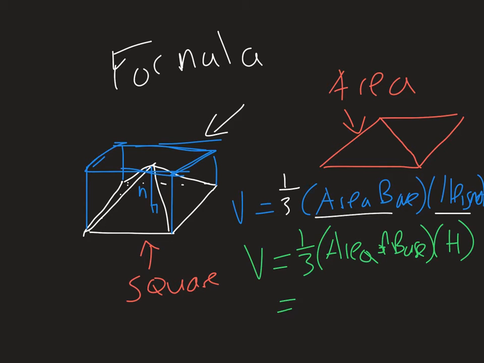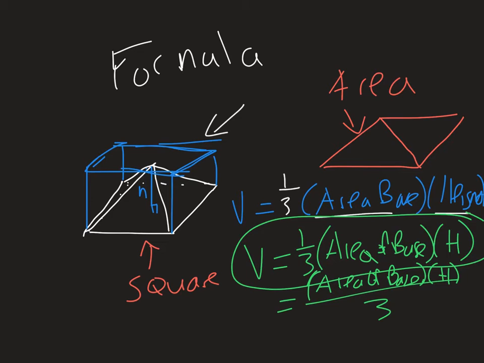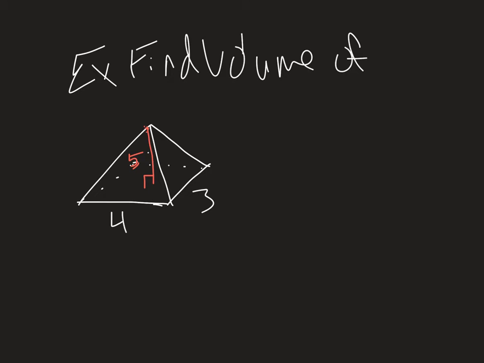Or you could think of it this way: you could take the area of the base times the height divided by 3. Whichever one you prefer is fine. They both mathematically are equivalent. So ultimately, this is the takeaway from this chunk of the video. Just what the formula is, and I wanted to give you an idea of where it comes from. So let's dive right into an example.